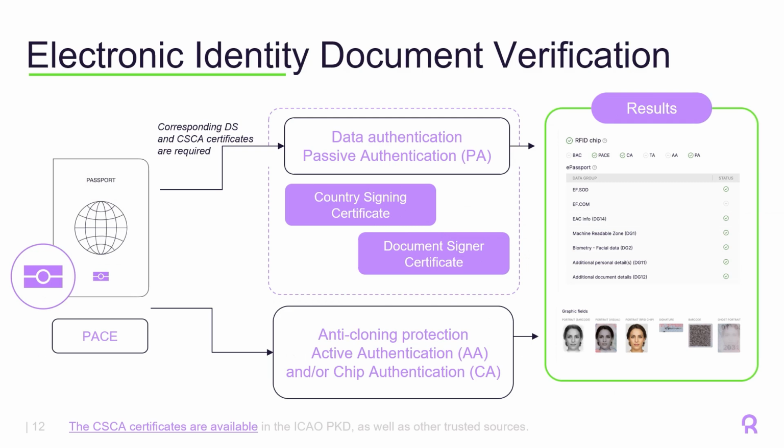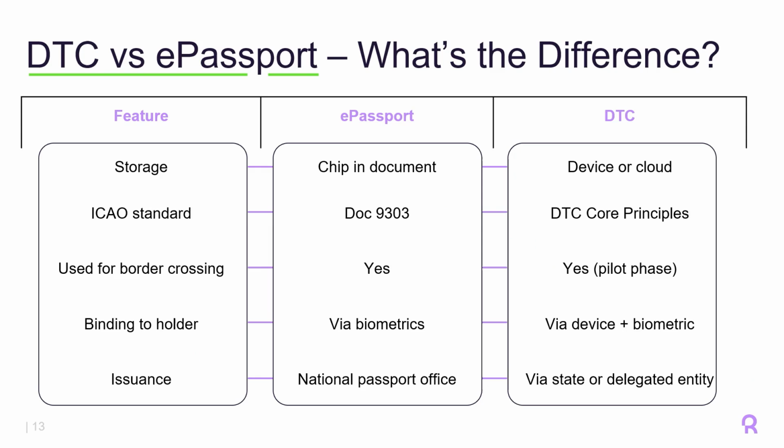Let's compare the two main ICAO-related identity documents, ePassport and Digital Travel Credentials, or DTCs. First, we have storage. For ePassports, all the personal and biometric data is stored on a chip embedded in the physical document. In contrast, a DTC stores that data either on the traveler's personal device, like a smartphone, or in a secure cloud environment.